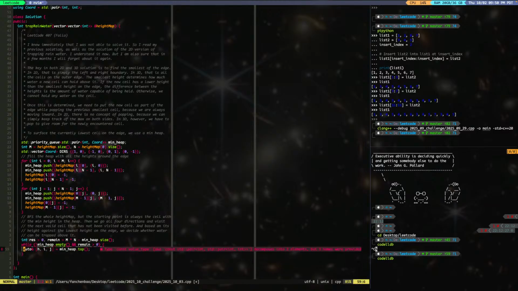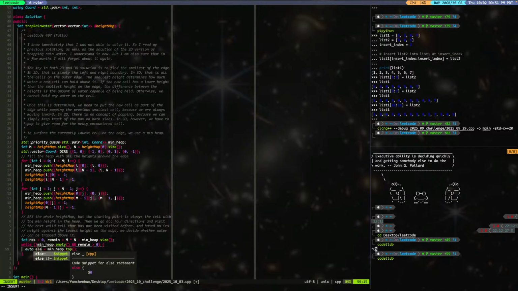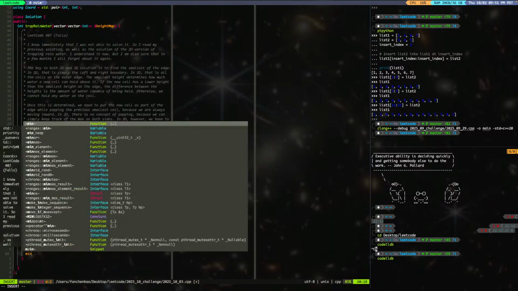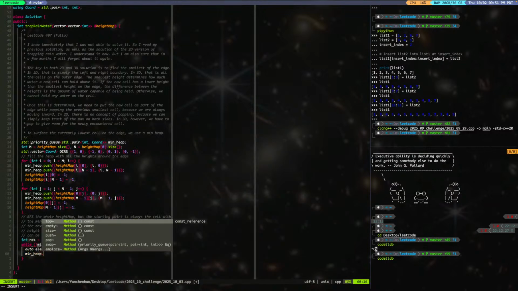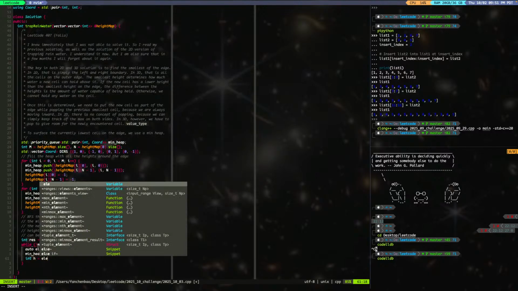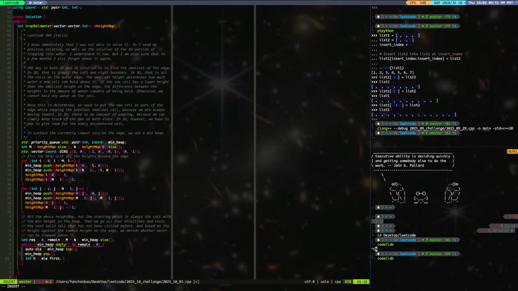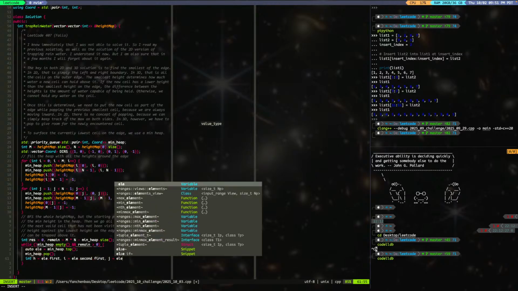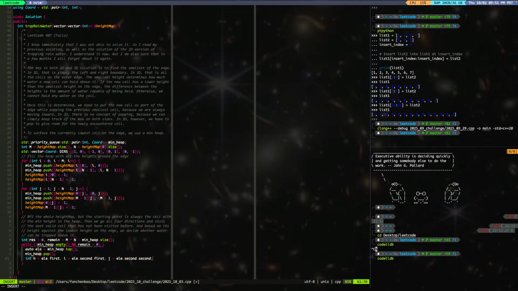So we just say auto element main heap dot pop. Height is element first, I is element dot second dot first, j is element dot second. Okay, ij.